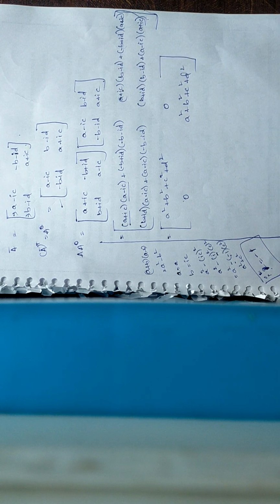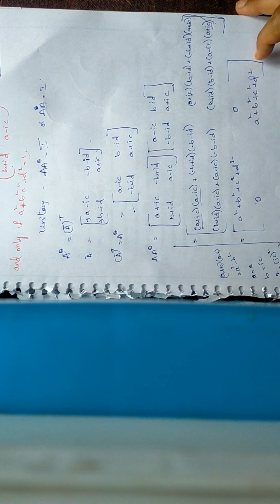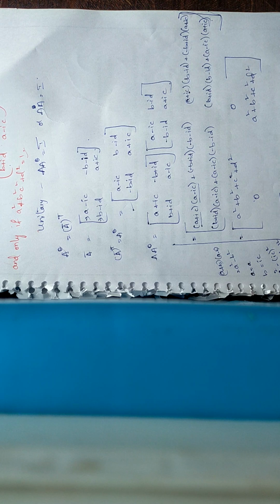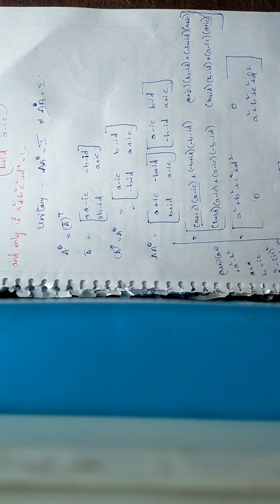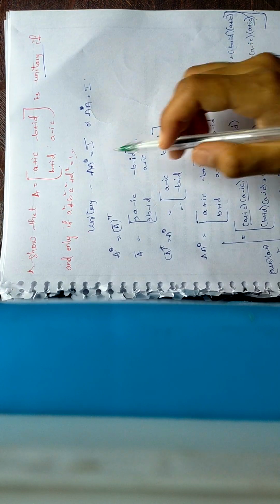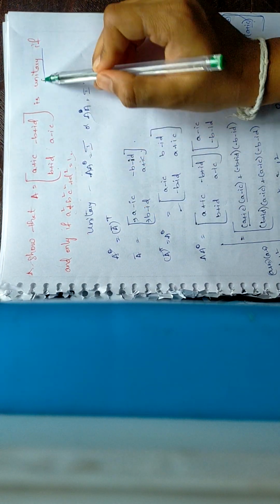Okay, now if you observe, we got these elements. Diagonal elements are 0 and these values are what? We have a square plus b square plus c square plus d square. We have to prove this condition, right? But what we have taken as an assumption is that this matrix is unitary.